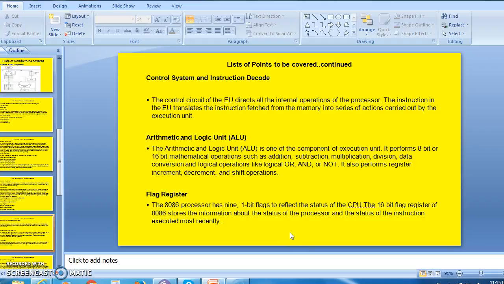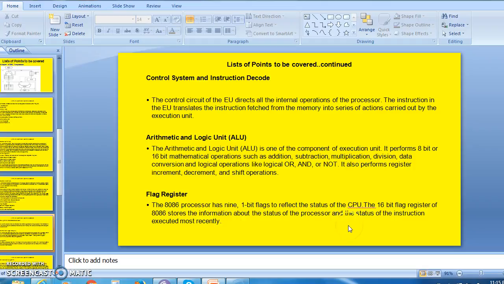Conditional flags are used to indicate the status of arithmetic or logical operations that we perform, and the control flags will indicate the control status. We have three control flags: direction flag, trap flag, and then interrupt flag.